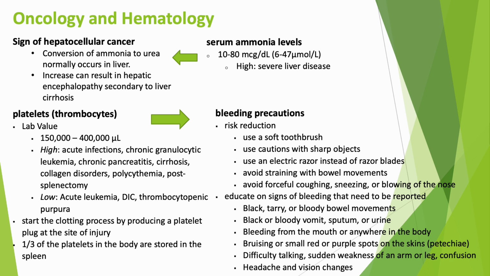So, conversion of ammonia to urea normally occurs in the liver. Absolutely accurate. Serum ammonia levels are, for sure, severe because it's noxious to the brain. With severe liver disease, yes, you're going to have severe ammonia levels, and you need to know potentially the medication you take to get that ammonia out. That medication would be lactulose.